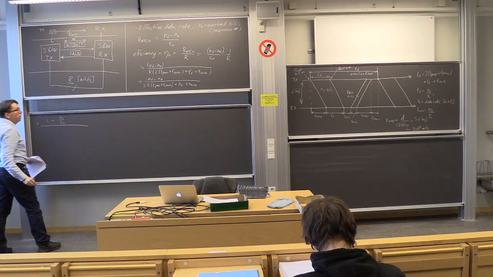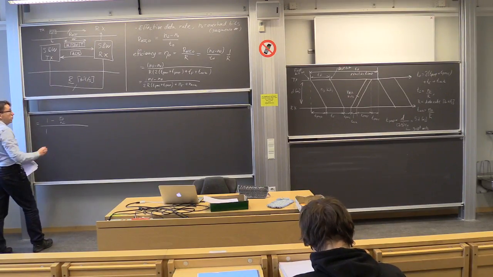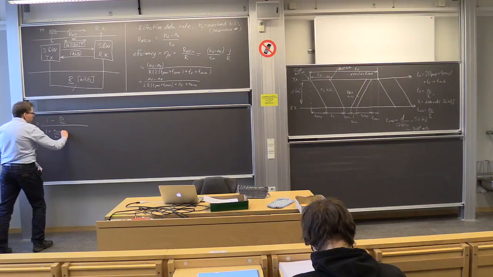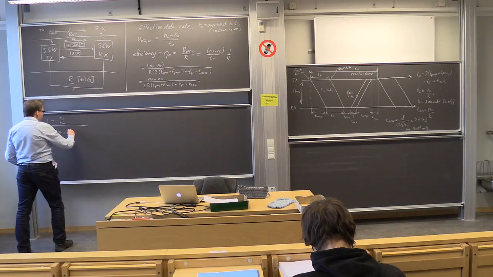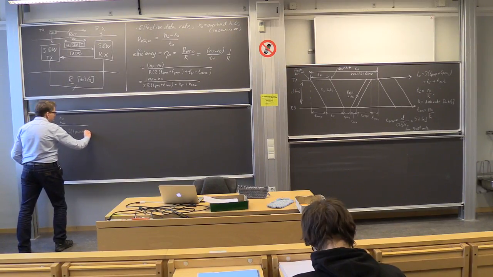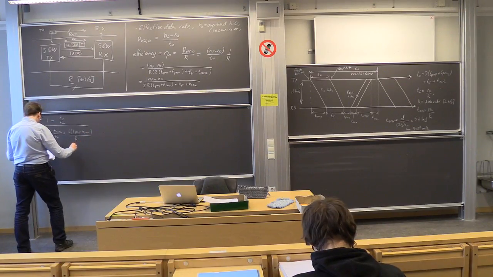And in the denominator, we get 1 plus NAC divided by NF plus this other expression, which is 2 times T prop plus T pros divided by R times NF.